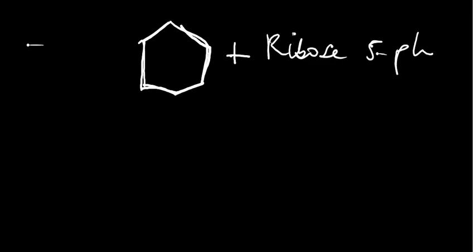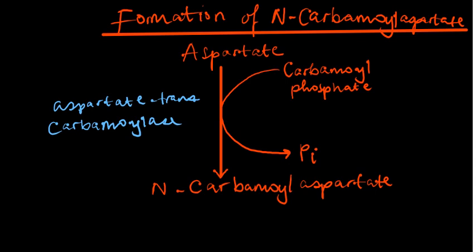That's what happens in the de novo synthesis. The next thing that we're going to talk about is exactly how that 6-membered ring comes about. Firstly, under the formation of the ring, aspartate is our first raw material.